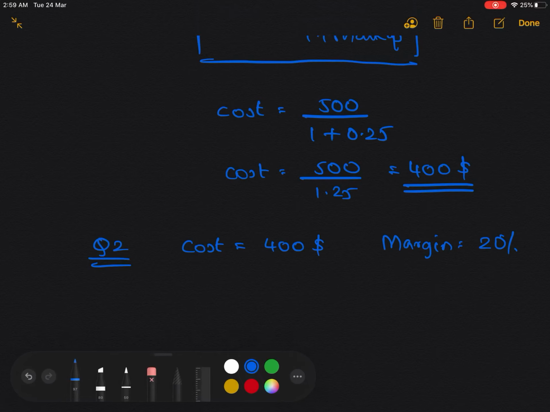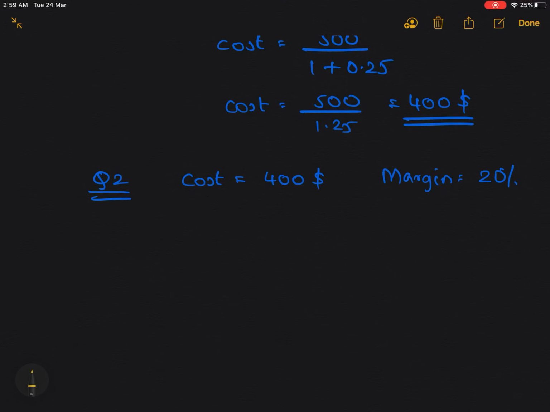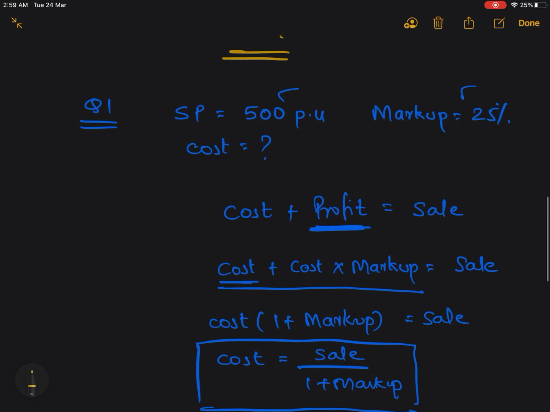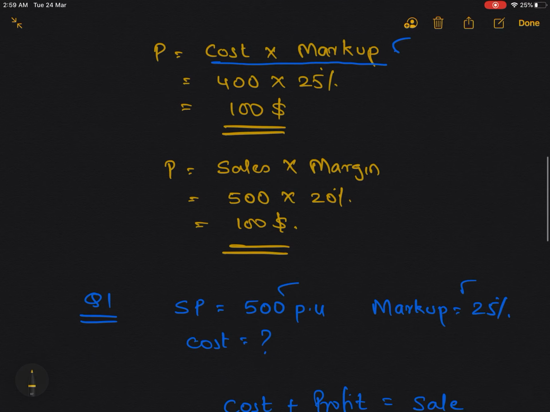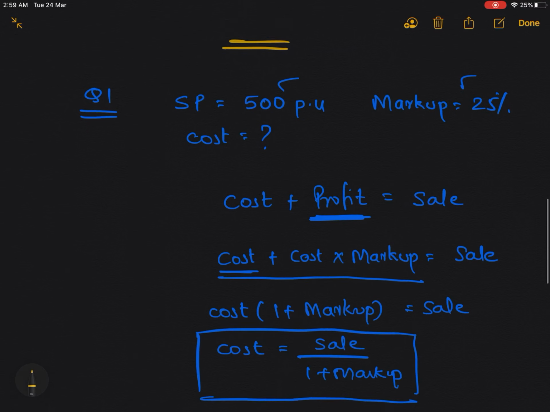Again, what I do here is I try to derive the formula and it goes back to our basic formula of cost plus profit is equal to sale. This profit can be written as sales into margin.